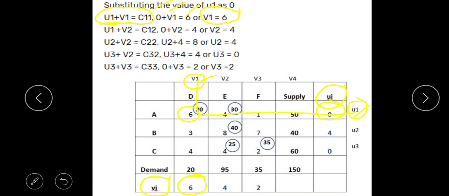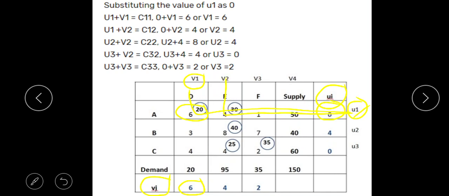Now we have got two values, U1 and V1. Now let us go for calculating the next value. See here why I have taken C11, that is this cell: because we always need to calculate U and V values for occupied cells. We only have to calculate for occupied cells. Here the first occupied cell is C11, and next, which is the next occupied cell?